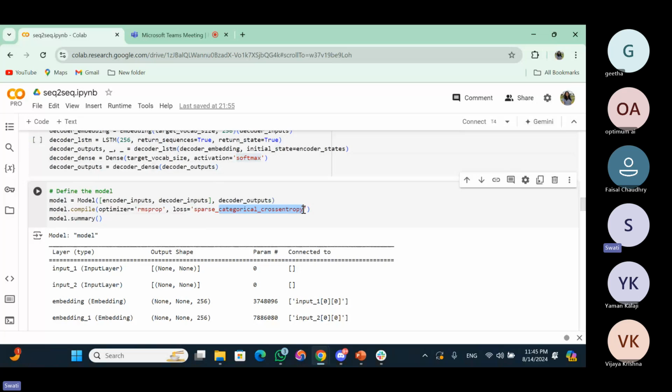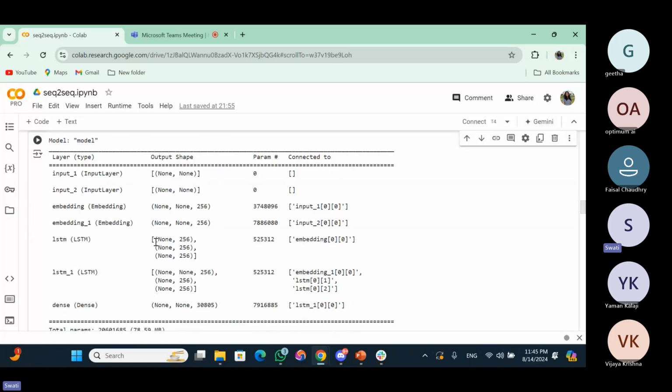This sparse part is added mainly for the embedding. If you used a one hot encoded vector, then you would have used normal categorical cross entropy.